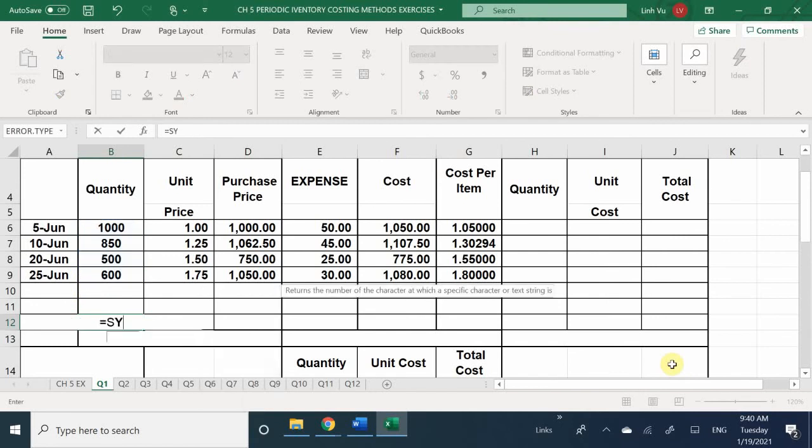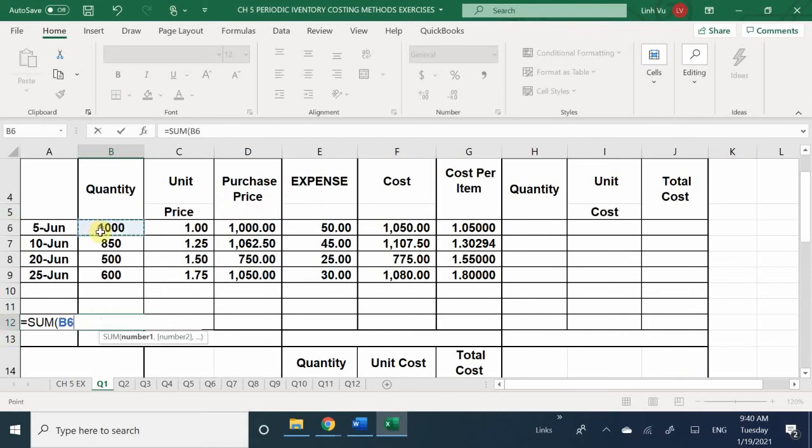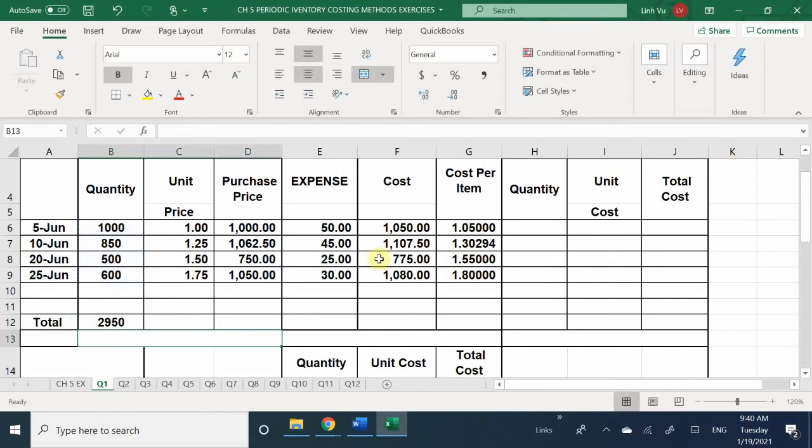So let's go ahead and do equal sum again. Anybody else can confirm? What is the total purchases? 2950. Okay. What is my total purchase price?